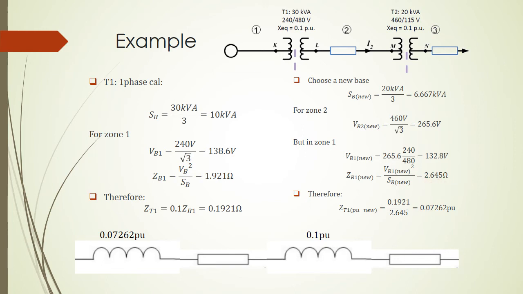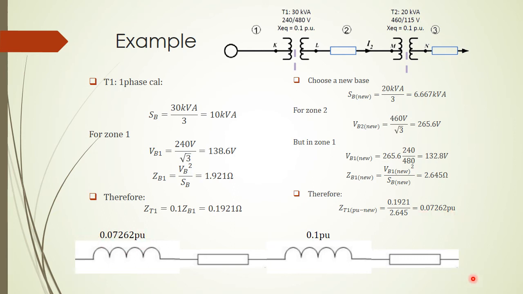2.645 ohm. So in the new base system in zone 1, the transformer T1 will have the new PU value as the actual impedance over the new base impedance, and that gives us 0.07262 PU, and we can put that in here.